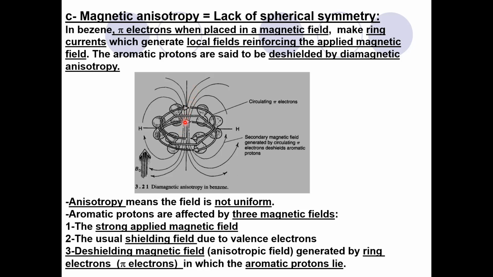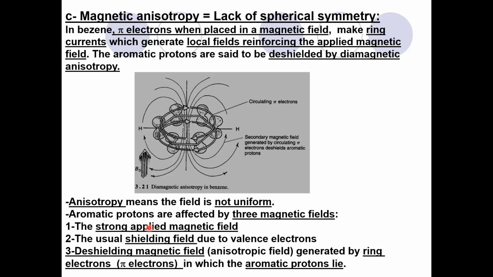In the center of the aromatic ring, these local fields oppose the applied magnetic field. However, in the region in which the aromatic proton is located, they reinforce the applied field. Therefore, we observe that aromatic protons are de-shielded because they are lying in the de-shielding portion of the anisotropic field.